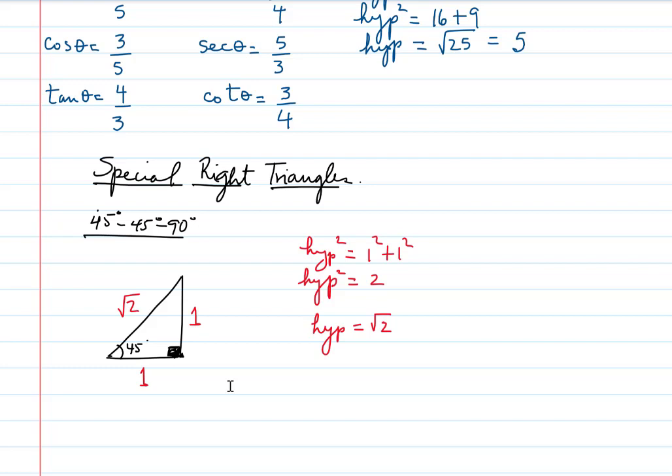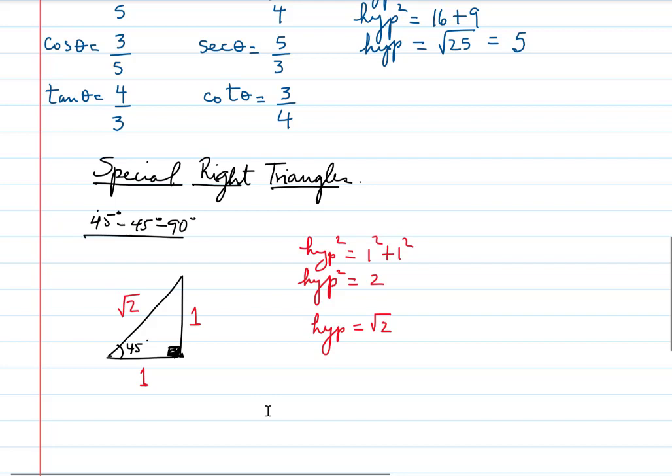Now, remember, similar triangles have the same angles, just different sides. So you may have a 45-45-90 triangle that is larger, but because they have the same angles, you're going to maintain this proportion. In other words, if this side is 5, this side would have to be 5, and this would be 5 square root of 2.